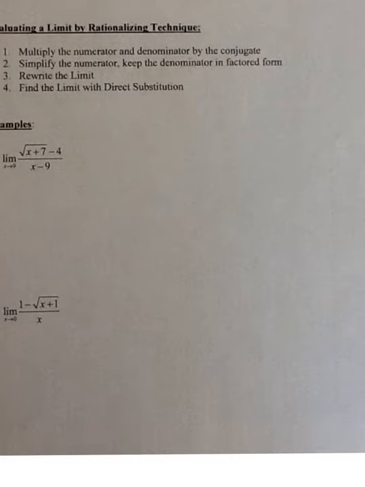Okay, so let's take a look at how to find the limit by using the rationalizing technique. So the first thing we're going to do is multiply the numerator and the denominator by the conjugate. So take a look at number 1, which is from the do now. We have the limit as x approaches 9 of the square root of x plus 7 minus 4 over x minus 9. Now we're not doing the conjugate of x minus 9.